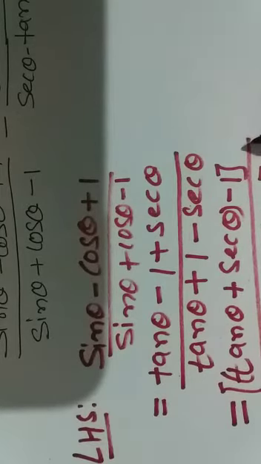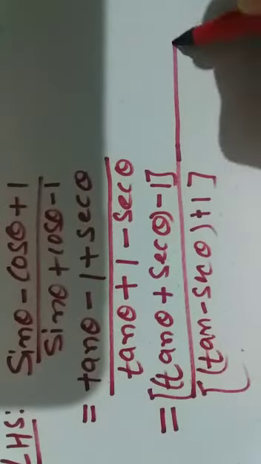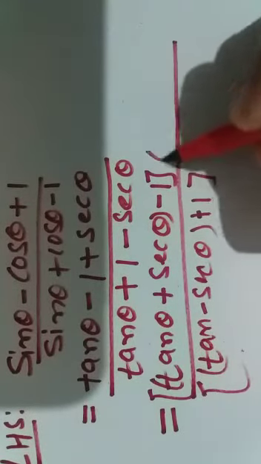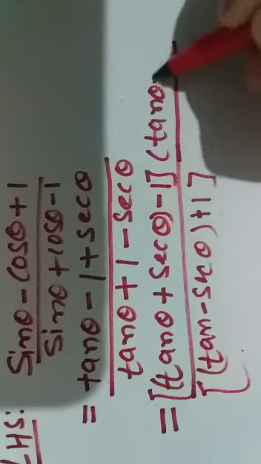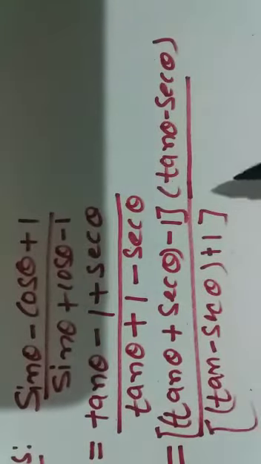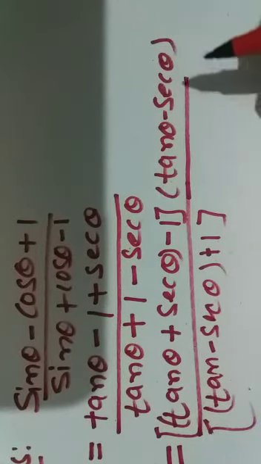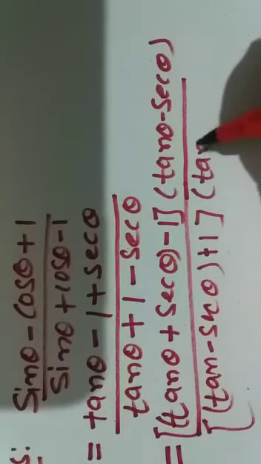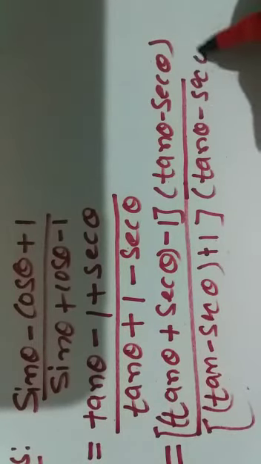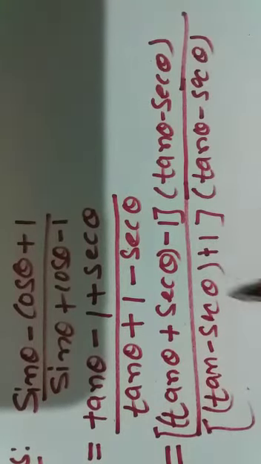And you multiply numerator and denominator by tan theta minus sec theta. If you multiply and divide both numerator and denominator by tan theta minus sec theta, then it will not make any difference. This will get cancelled and we will find this as it is.